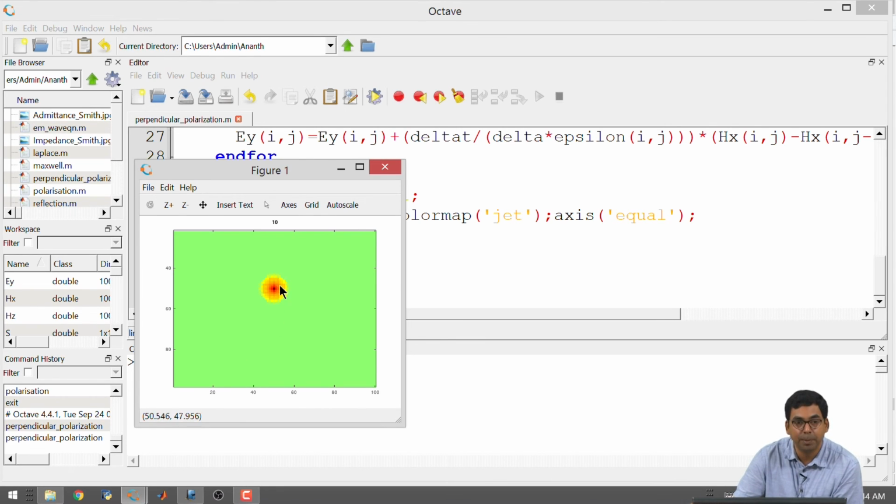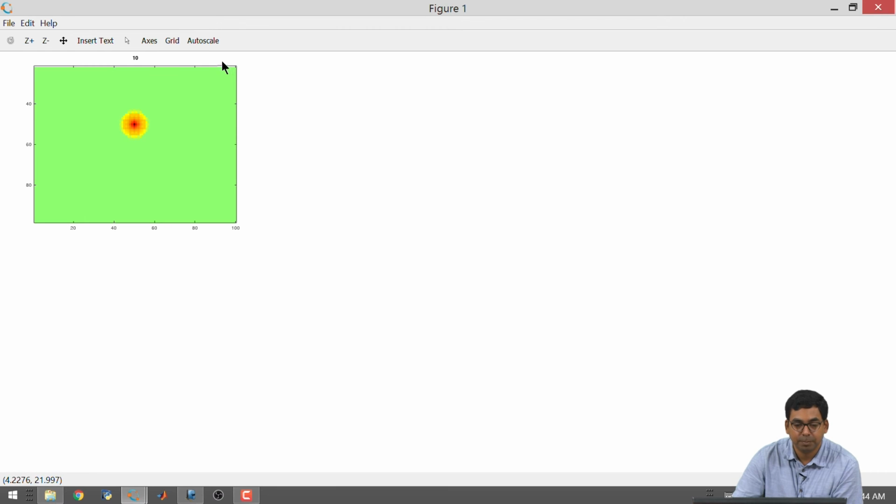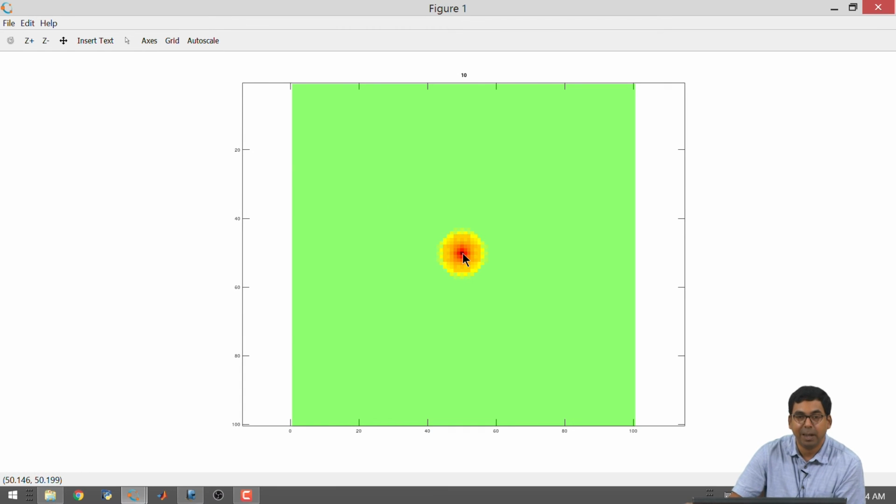So, in 10 time steps, I had a point source of electric field, all right, and it is giving out circular wave fronts. Okay. In some of your computers, this may be very slow.